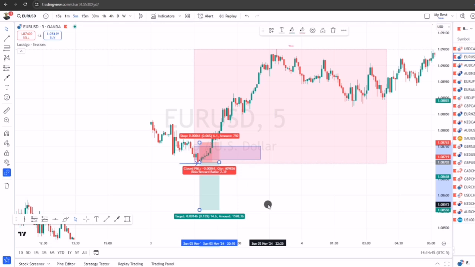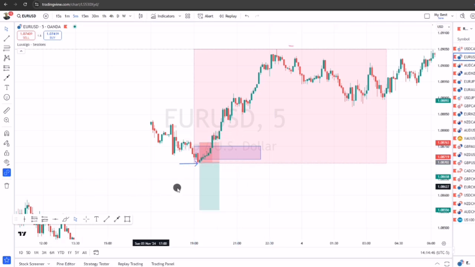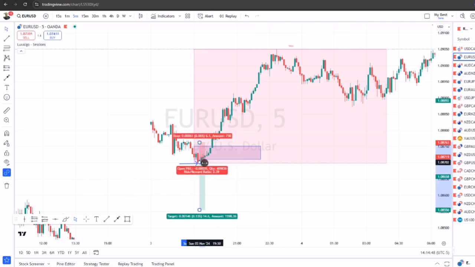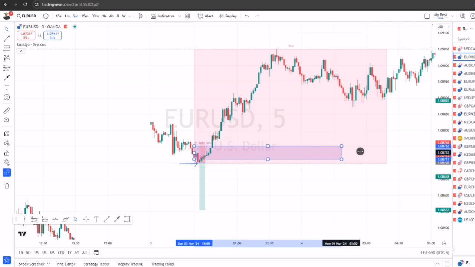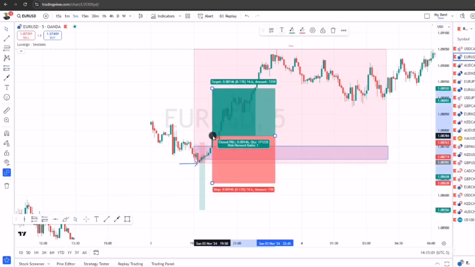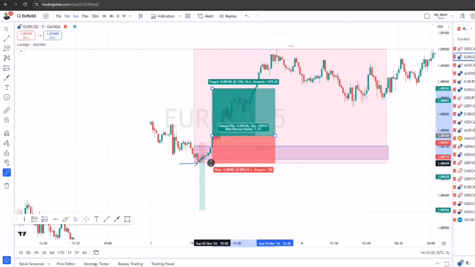Once it takes you out, don't be afraid to place the opposite trade. This thing should be your guide. As long as it happens within the Tokyo session, you can still take chances. So right here, your second trade would be there, a buy trade.